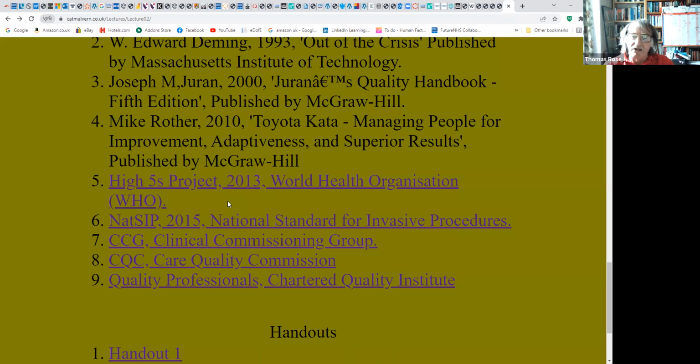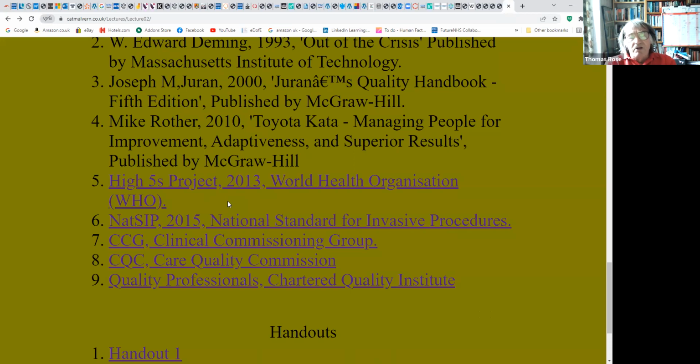Although the NHS will say that that's not the case and will fight against that idea. The NHS themselves have been trying to standardize some activities, and this national standard for invasive procedures is a starting point. And there's also a very good document on standardizing ward rounds.